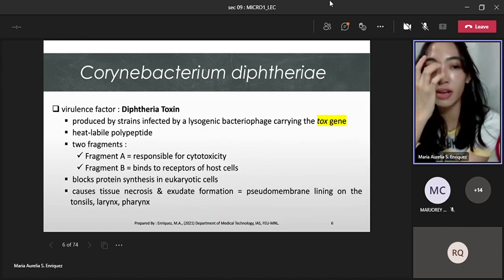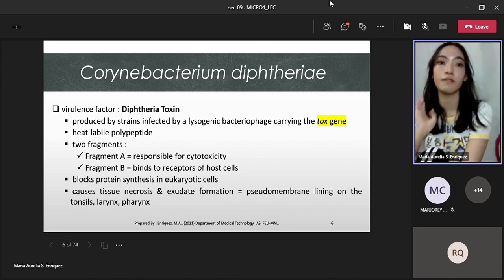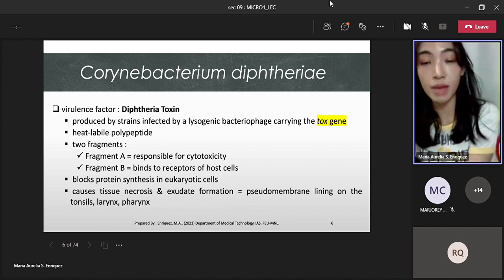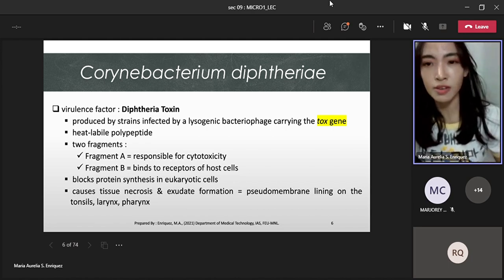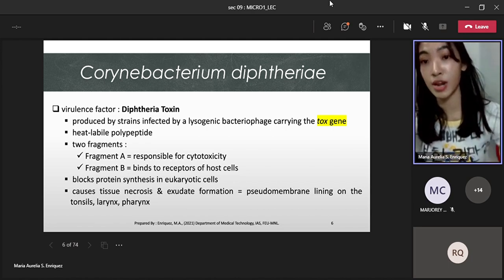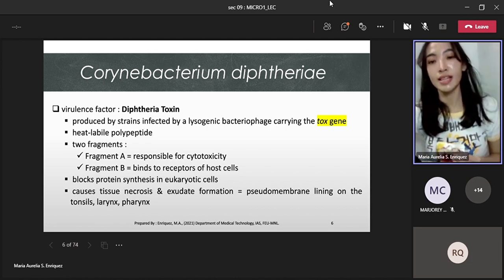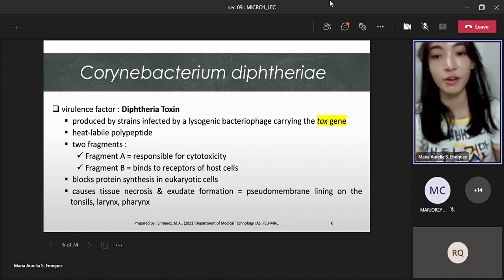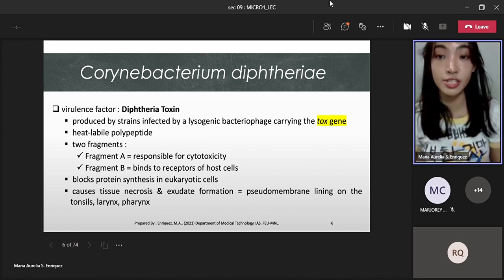All right, let's now talk about the primary virulence factor of diphtheria. So, ayan po, the diphtheria toxin, this is the major virulence factor that is associated with C. diphtheriae. So this toxin is produced by strains of Corynebacterium diphtheriae that have been infected with a lysogenic bacteriophage, which carries the tox gene.